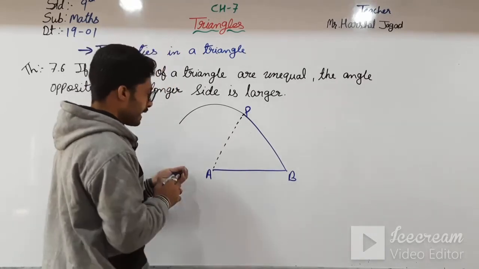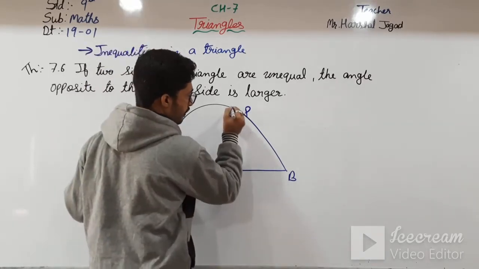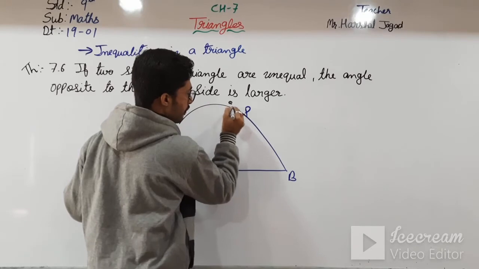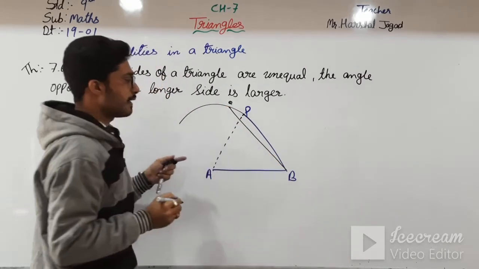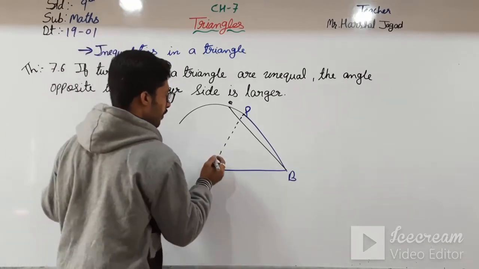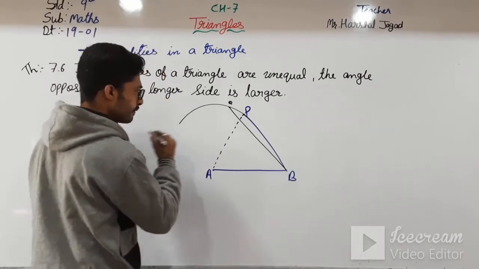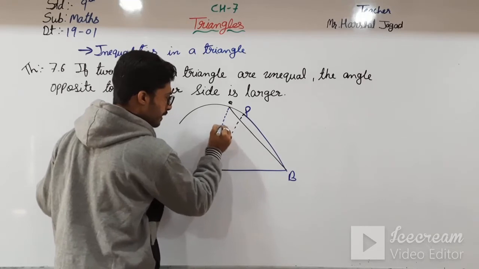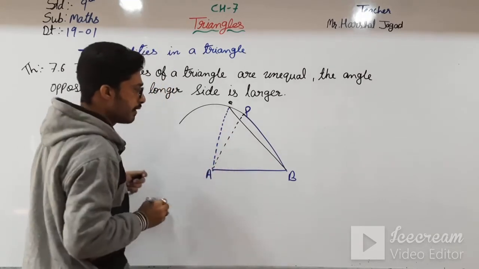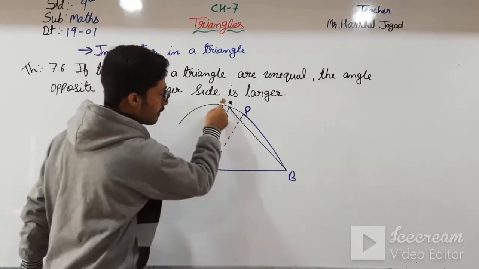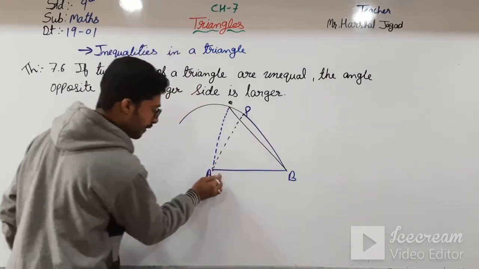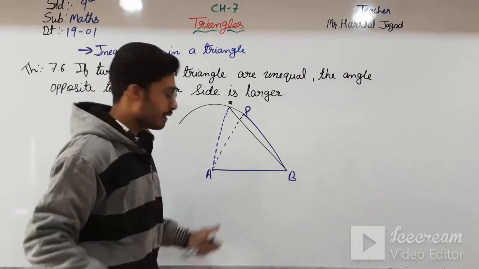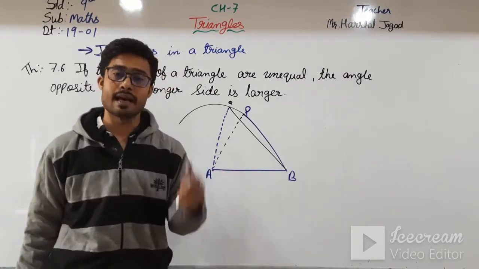Now I am taking a point over here, that is Q. Then if I join this one over here, you can see this QB is the larger side. So opposite to that, this angle will be larger.